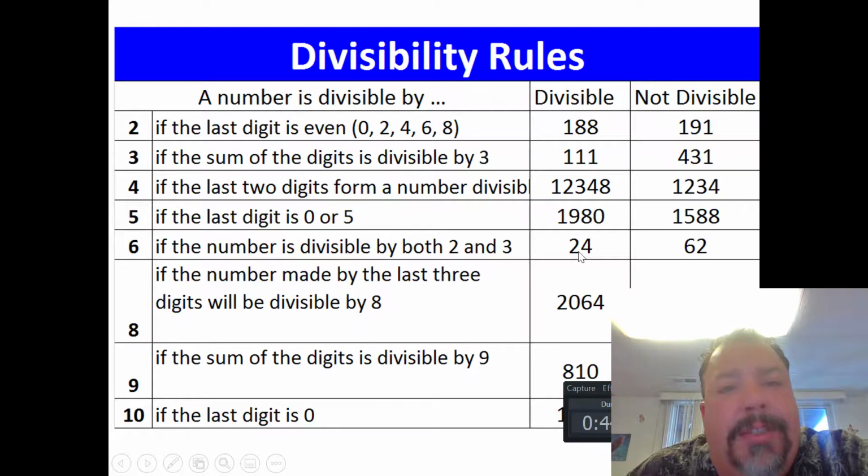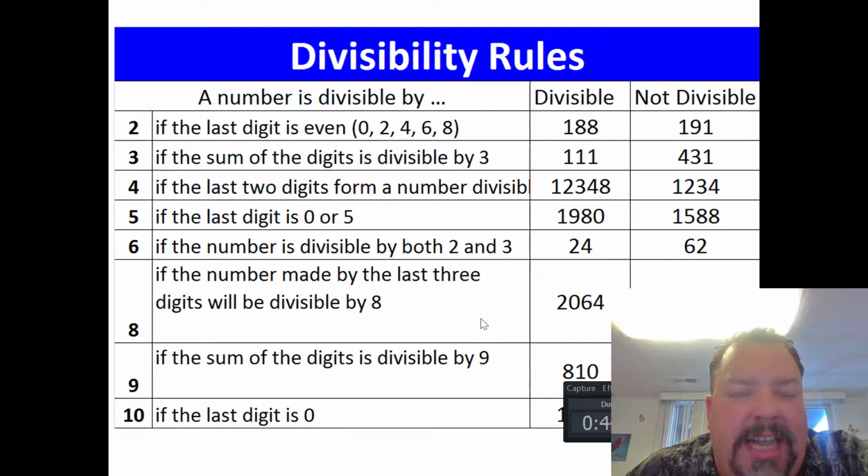Here are some divisibility rules. And I don't expect that you memorize these, but they will make some of your calculations a lot easier. And I give some examples here in this PowerPoint and in the textbook. So, you know a number is divisible by 2 if it's even.